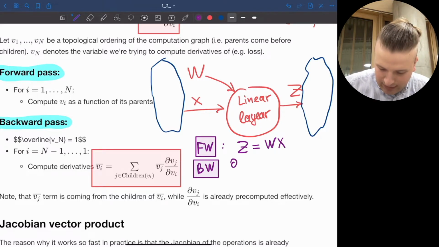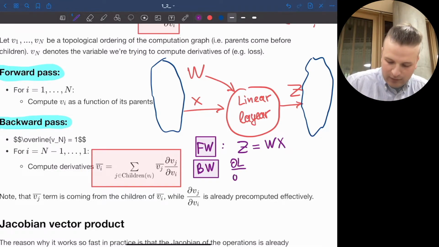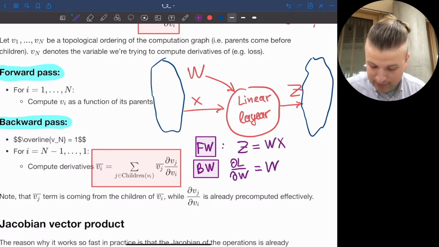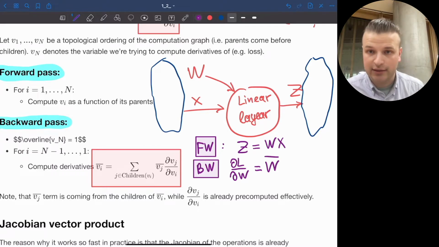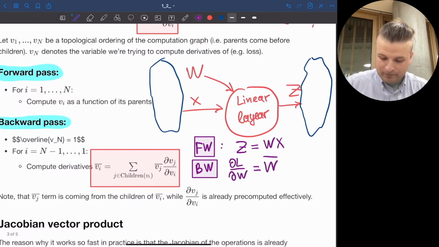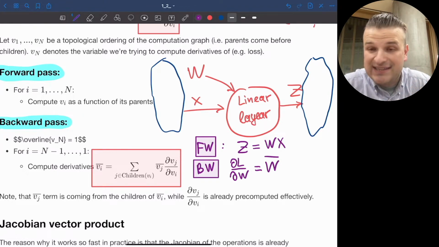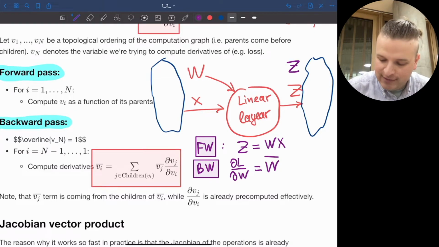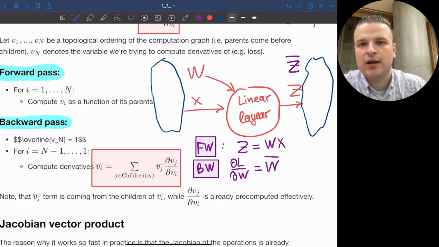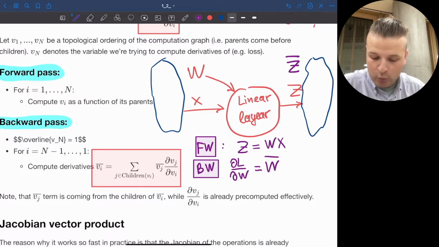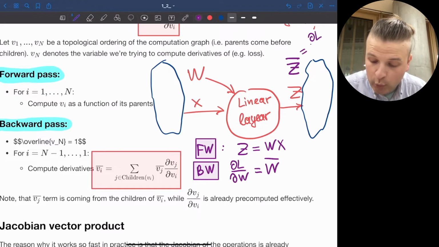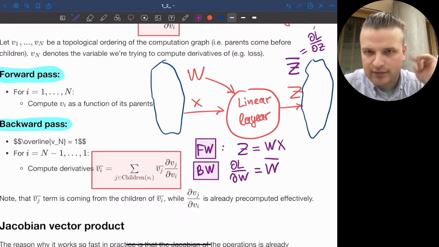Which means that I need dL by dW, or, according to our notation, it's just W with this line here. But what do we have as an input of our backward process? We actually have this z with overline, which is a derivative of a loss function with respect to this view of our signal, right?